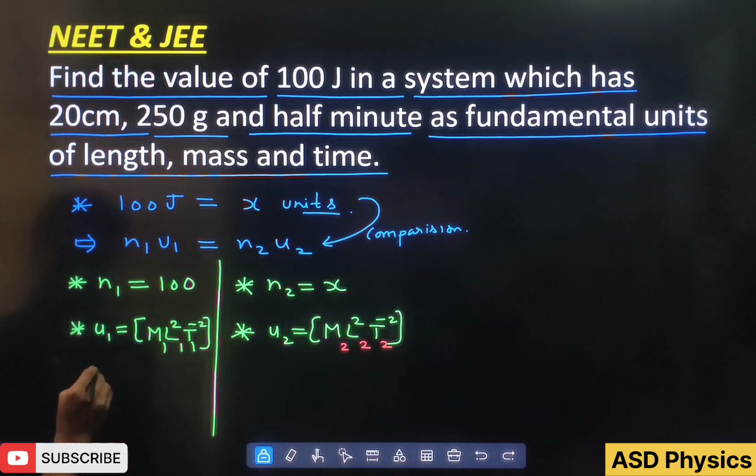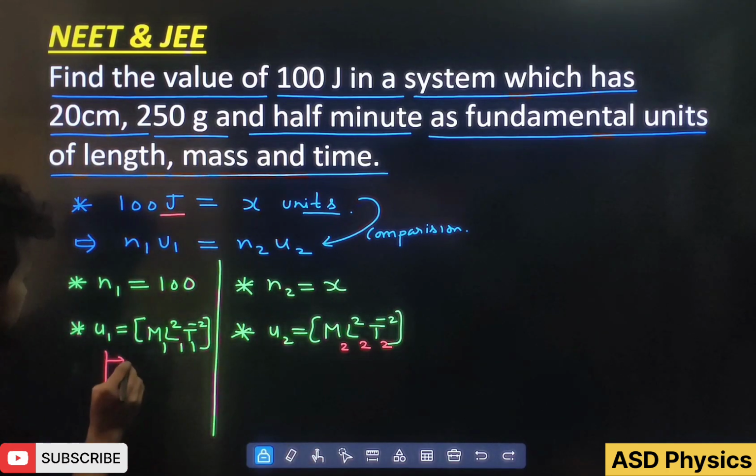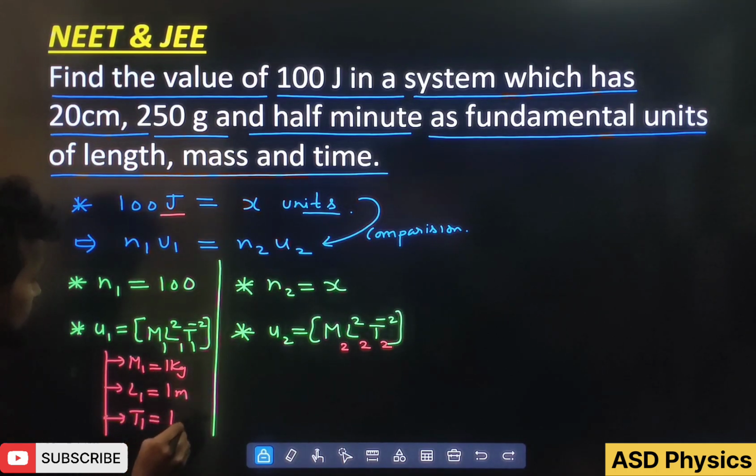But now one thing you have to remember: joule means MKS system. That means M1 is 1 kg, L1 is 1 meter, and T1 is 1 second.